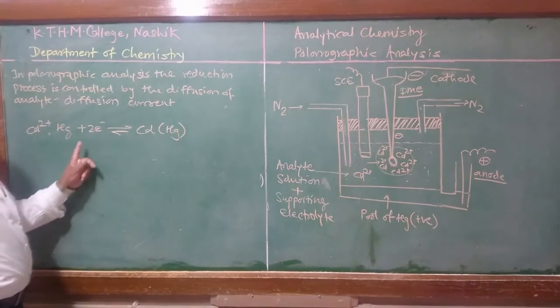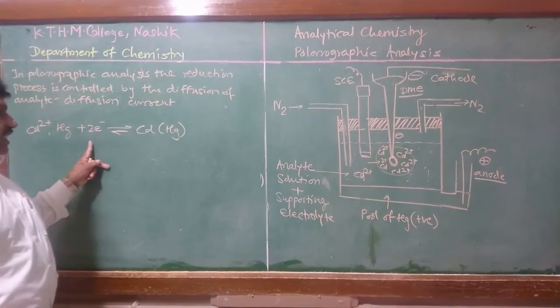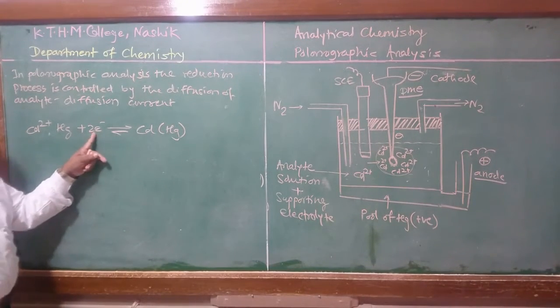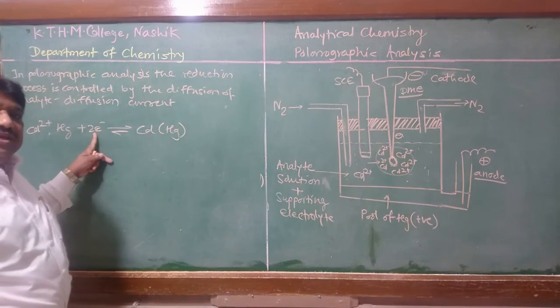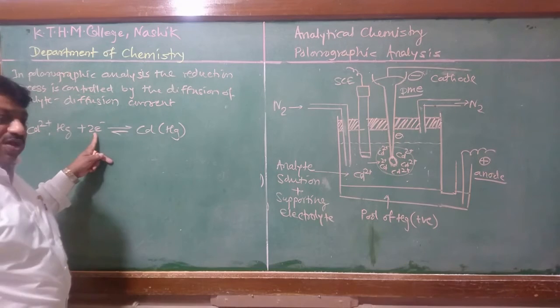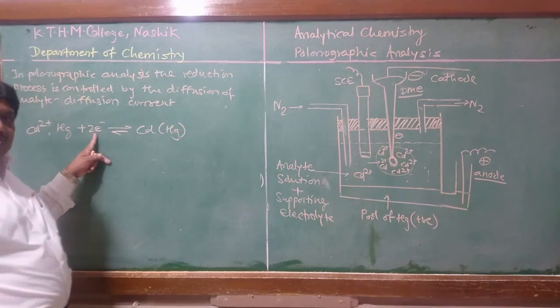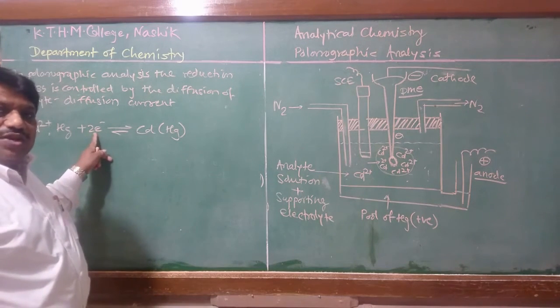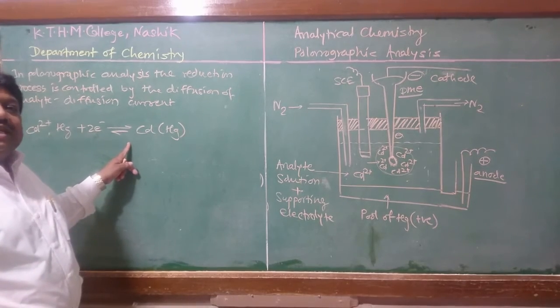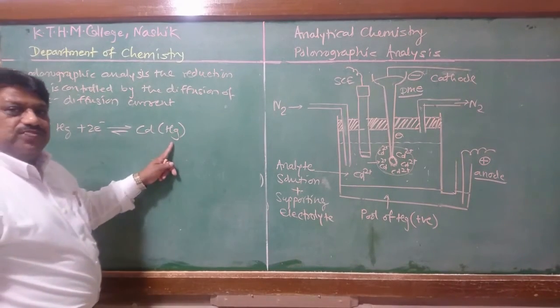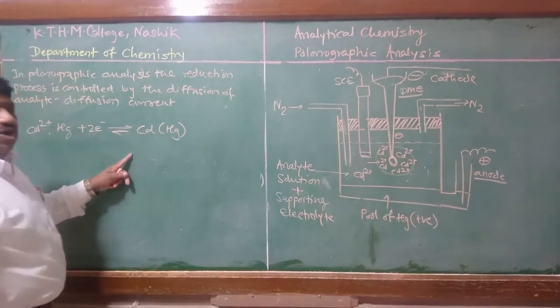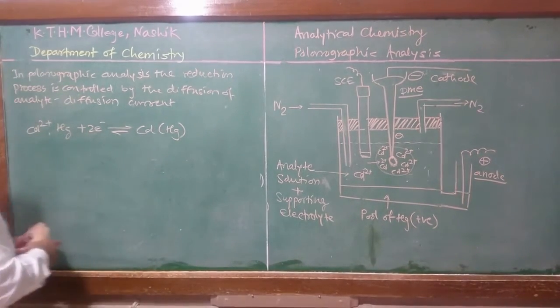As the analyte reduces onto the electrode surface, electrons are required. These electrons are provided from the dropping mercury electrode, and therefore there is flow of electrons. As flow of electrons is observed, we observe the current. Therefore, when this reaction takes place on the surface of the electrode, we observe an increase in current.